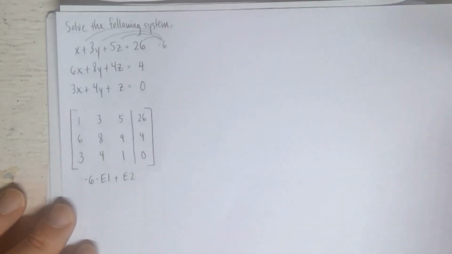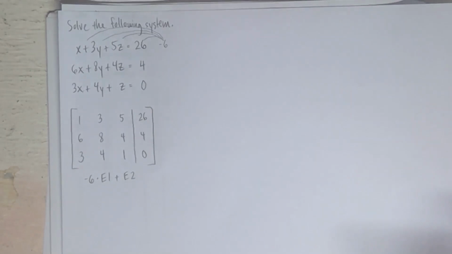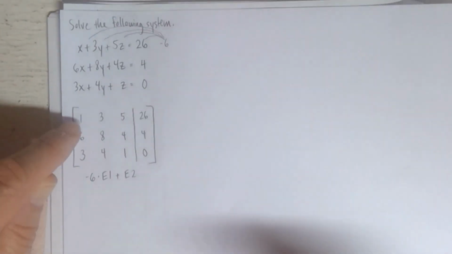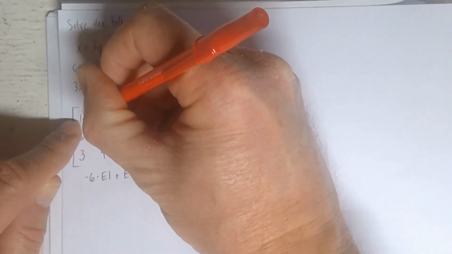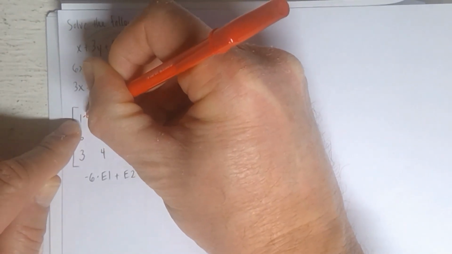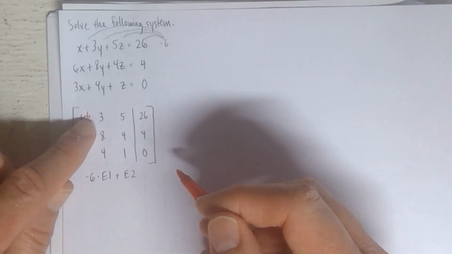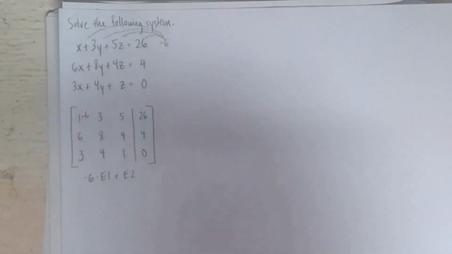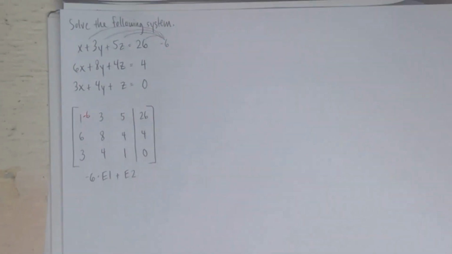What do we get? Well, again, you could just write this off to the side. I'm going to use a red pen so you can see the difference here. The 1 becomes a -6, doesn't it? I'm not subtracting 6 right here. I know it looks like that. The 1 is changing temporarily to -6. I'll get into that here in a second.